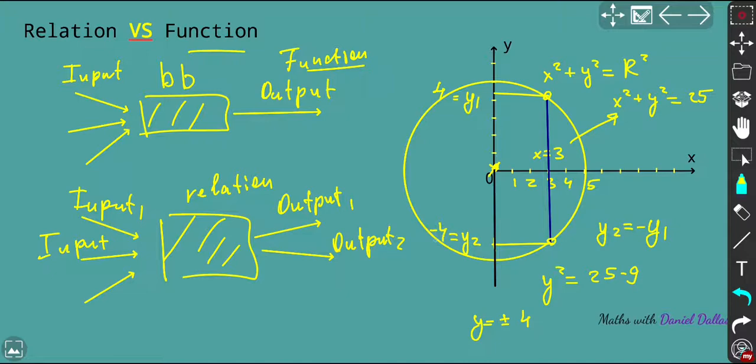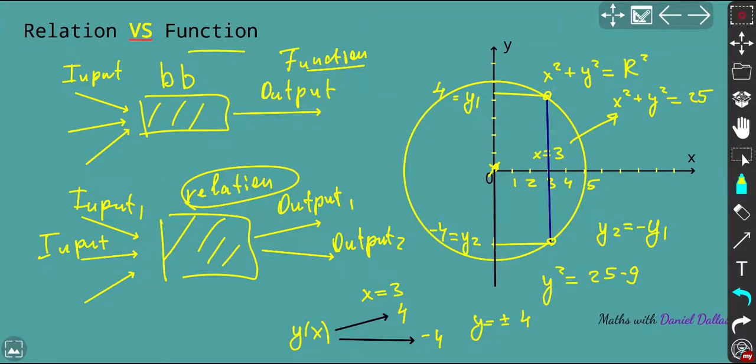All right, so we've got two values for y. But y in our case should be the output. So if we consider how y depends on x, we understand that for specific x equals 3, we've got two outputs, 4 and negative 4. So it means we are actually dealing with a relation.